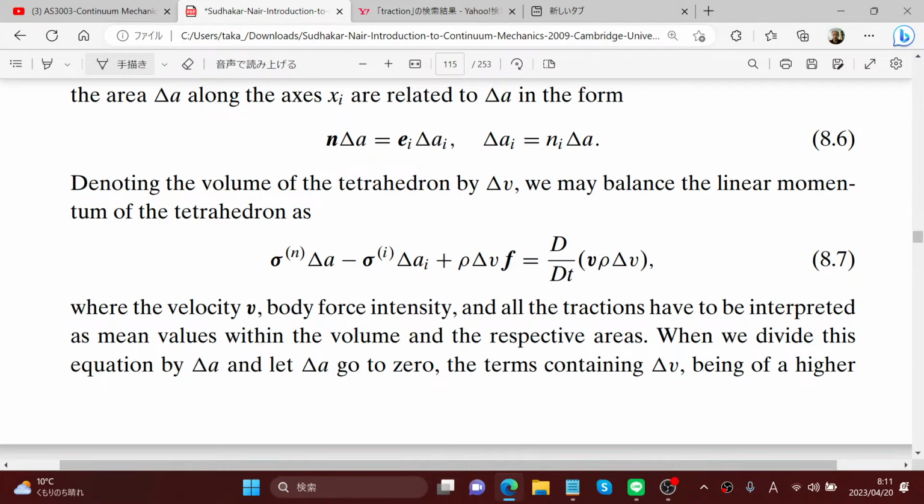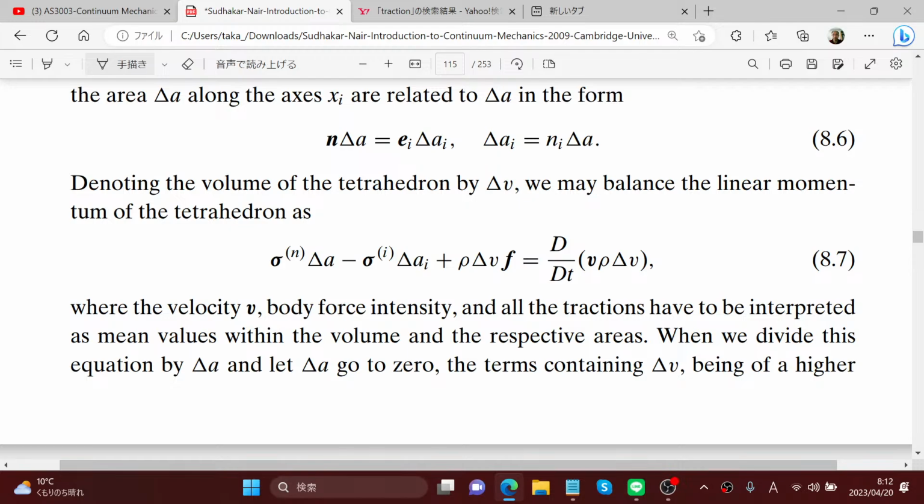Denoting the volume of the tetrahedron by delta V, we may balance the linear momentum of the tetrahedron. Linear momentum, what do you mean by linear momentum?